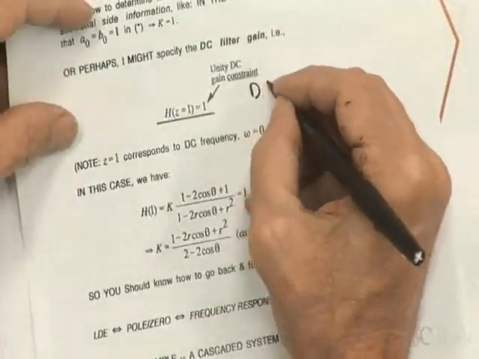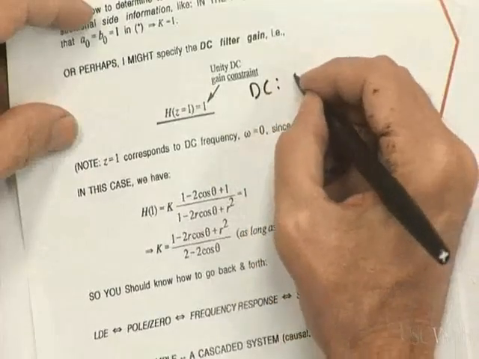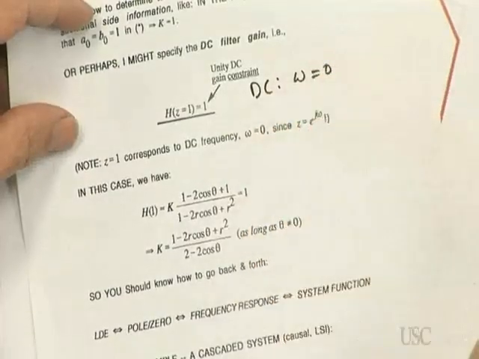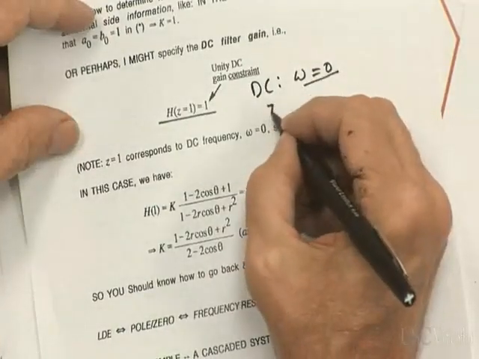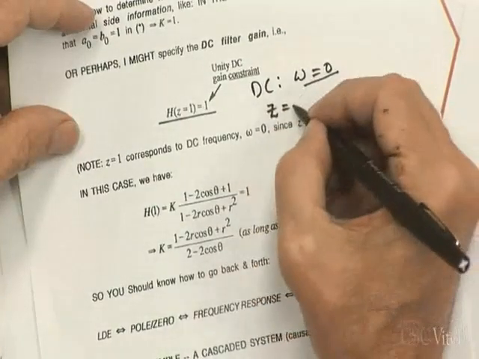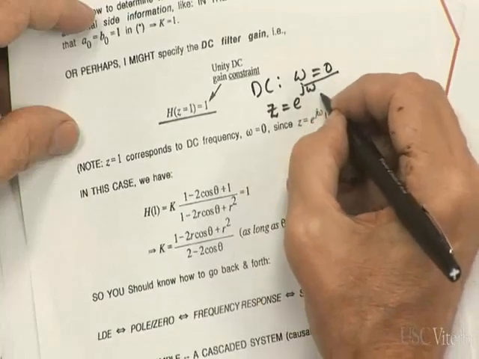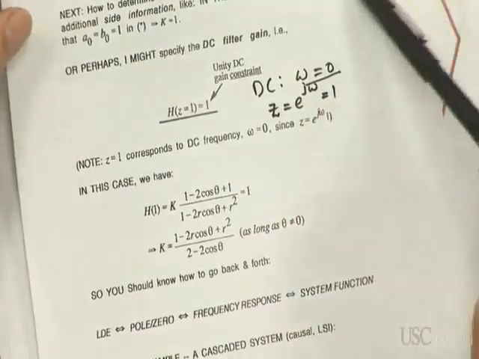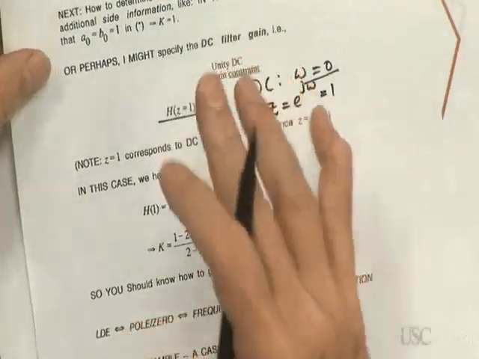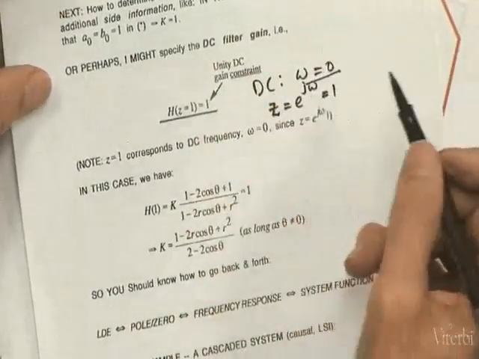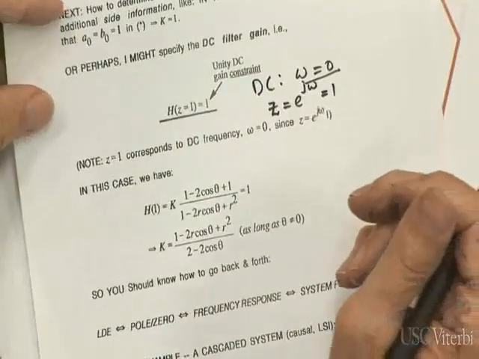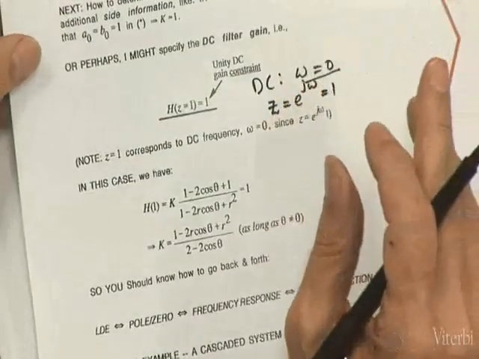DC corresponds to a frequency of 0. Okay? If the frequency omega is 0, that means that z, which is equal to e to the j omega, is 1. So when I tell you I'm going to specify the DC gain, all I mean by that is I'm telling you what H is when omega is 0, or equivalently when z is 1.